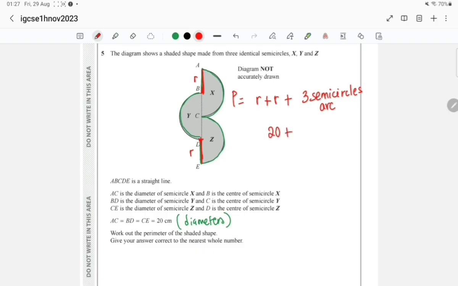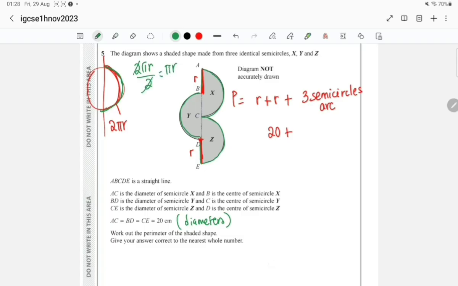Now for the semicircles, let's see. So for one circle, the circumference is 2 pi r, right? Now for a semicircle, it would be 2 pi r divided by 2, which is equal to pi r.